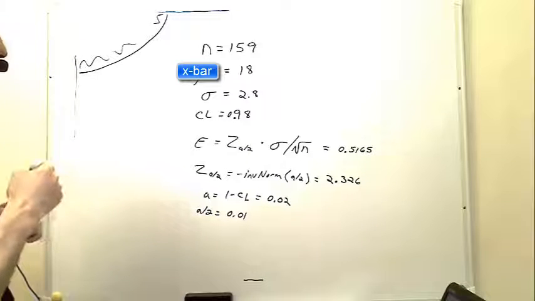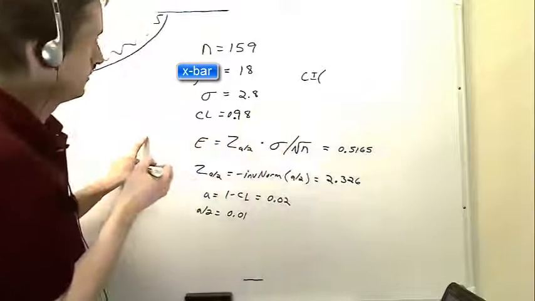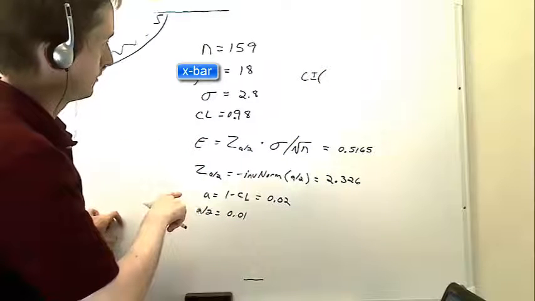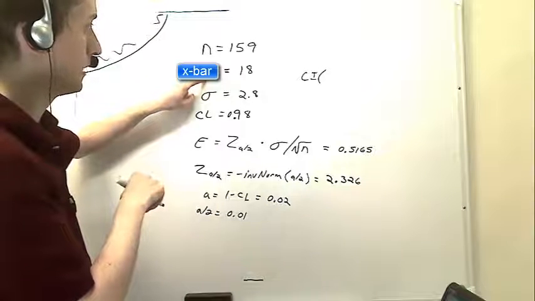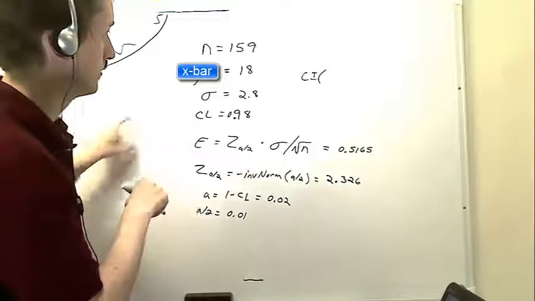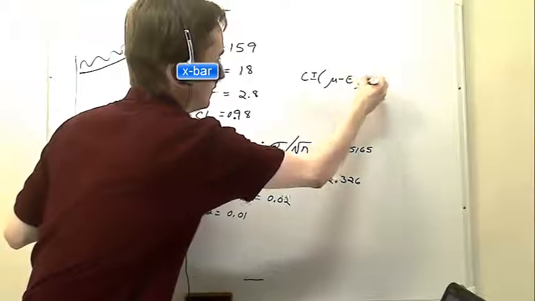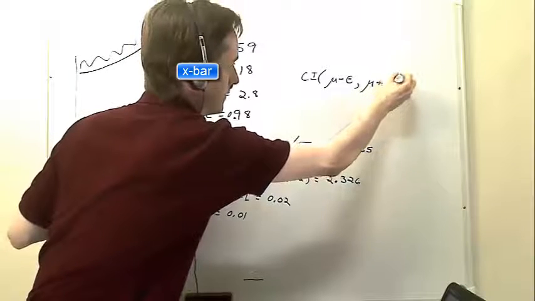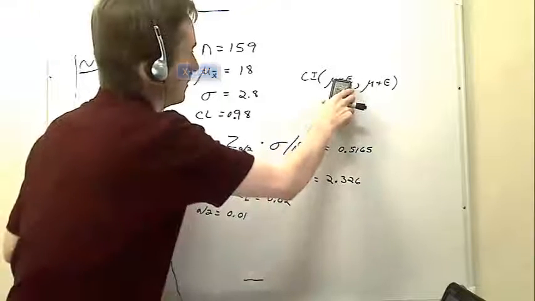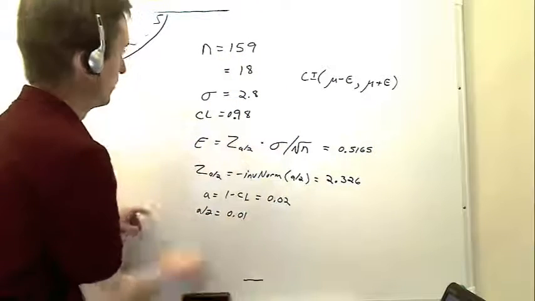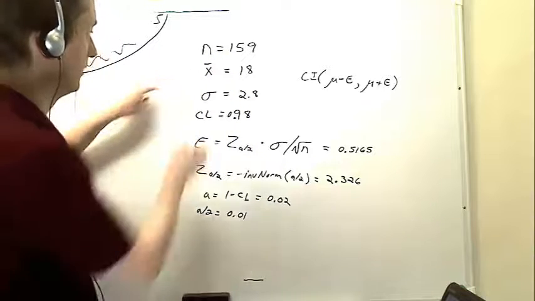So that means our confidence interval is equal to, and the confidence interval is in reference to the true mean of the total population, not just the sample's mean. So that would be mu subtract E to mu plus E. Or excuse me, that's the wrong symbol. This is just X bar, that's the sample mean.